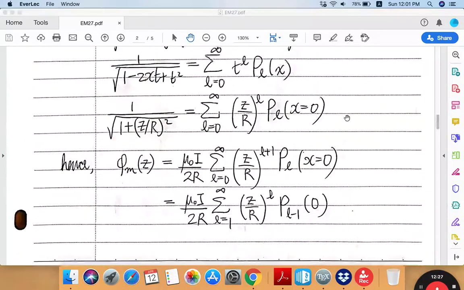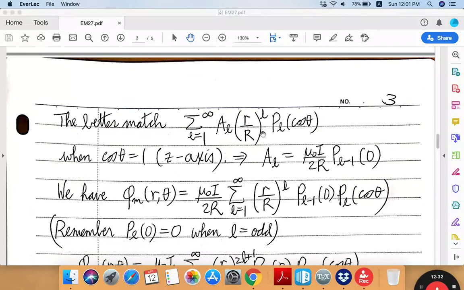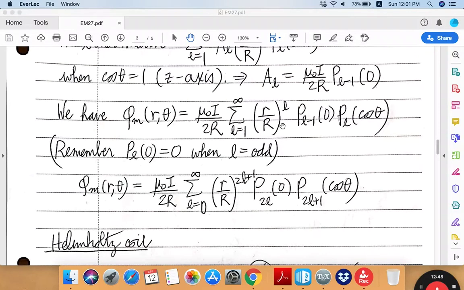So then, according to such a matching condition, this coefficient whose values we were trying to determine has to be exactly this thing over here. Okay, and therefore we're now able to fix the coefficients and obtain the series expansion of the magnetic potential for arbitrary r and arbitrary angle theta.